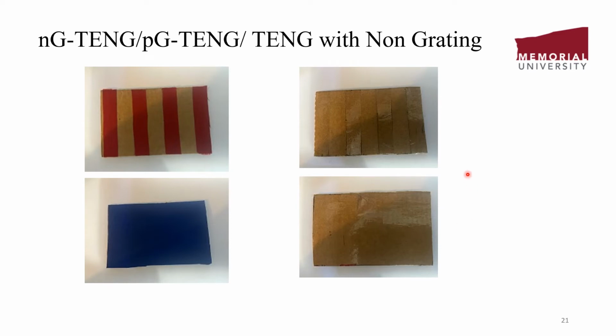To make the comparison, we made 2 single material grating structures. One is nylon with 4 strips, and the other one is polypropylene with 4 strips. And to compare the efficiency improvement of these grating structures, we made single material flat triboelectric nanogenerators with nylon and polypropylene.